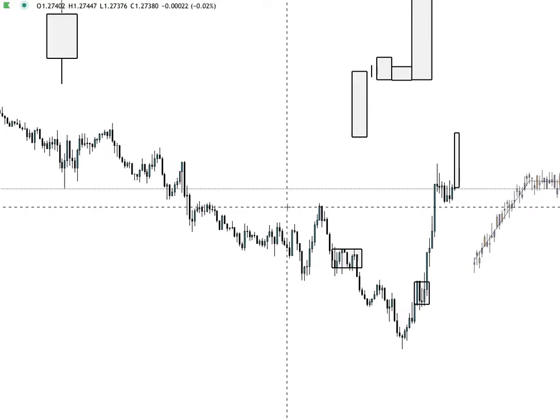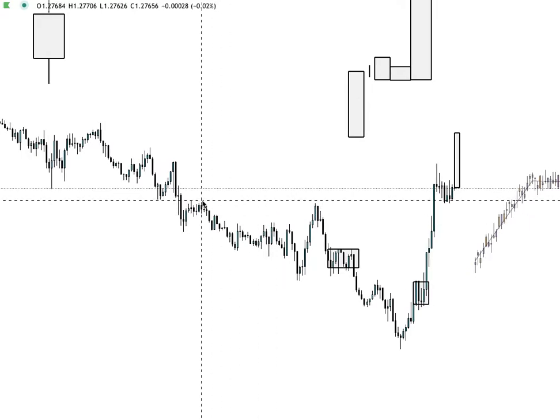If you have a base that has a bunch of small basing candles leaving the zone very slowly, that's not the trade you want to take. You want to take the trade that departs from the zone very quickly with a strong candle, right?